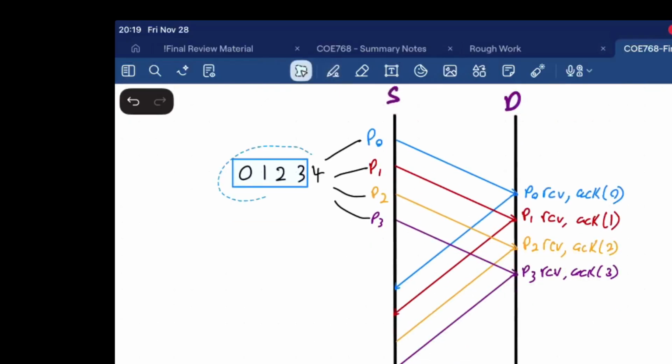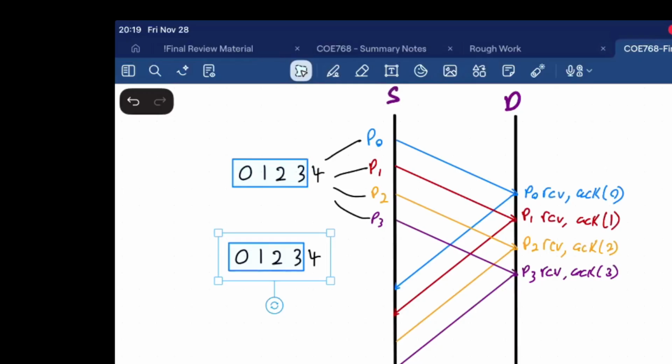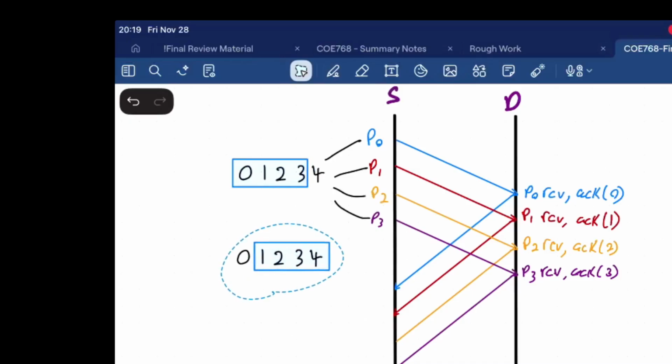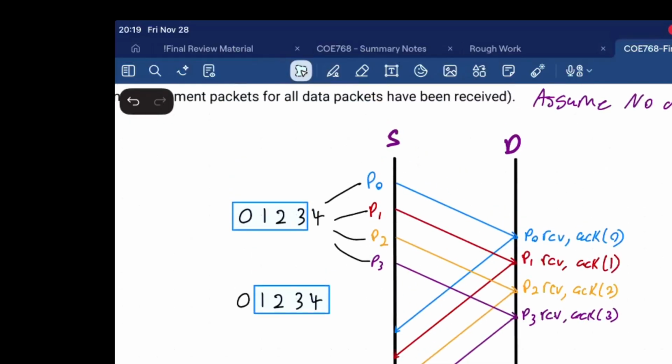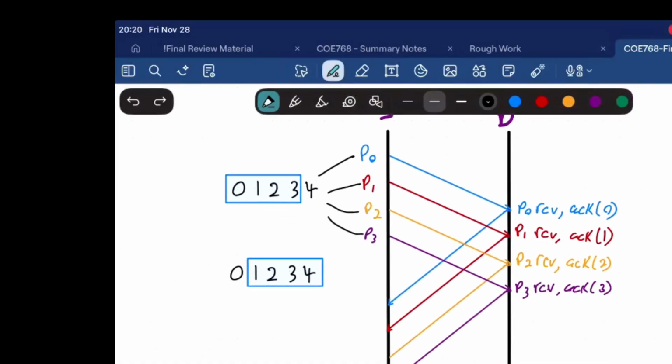After which, since we've sent all 4 of these, now we need to wait for the first acknowledgement before we can shift this window over by one packet. So once we receive the acknowledgement for P0 that we sent out, let me highlight this.